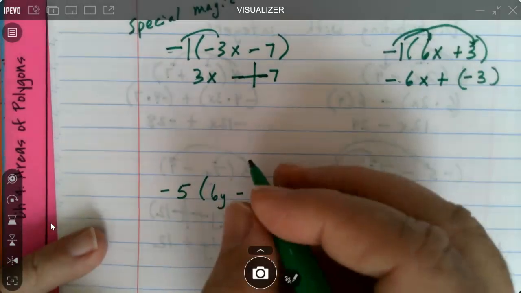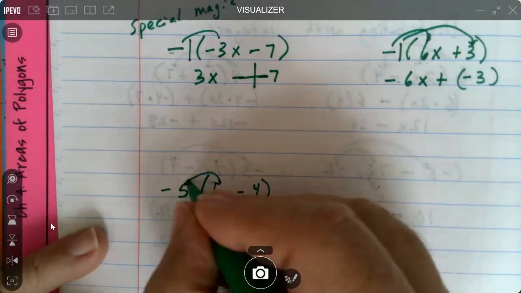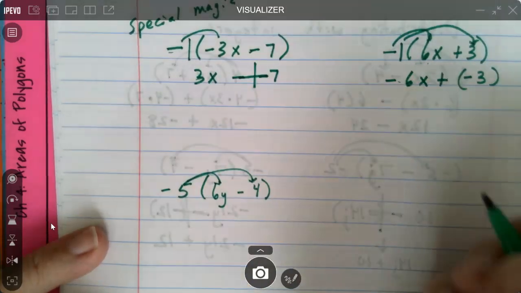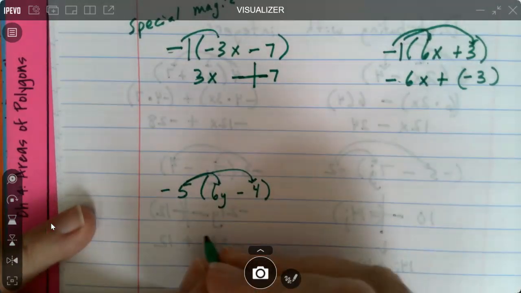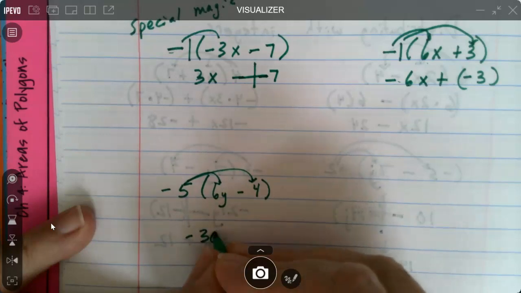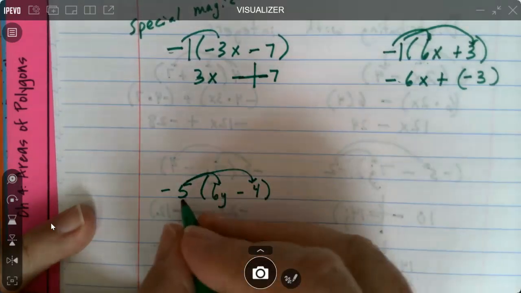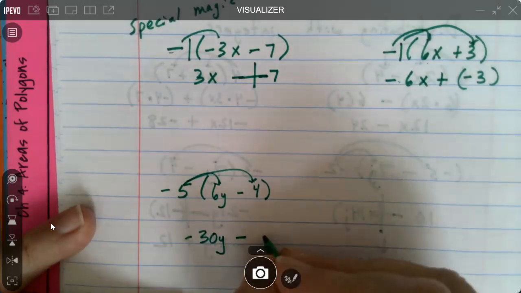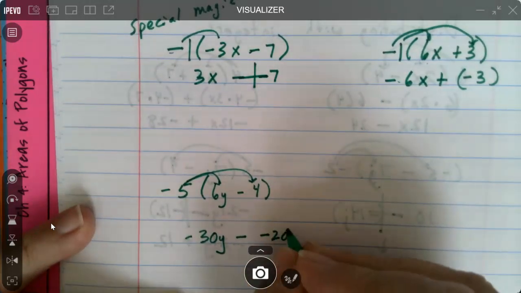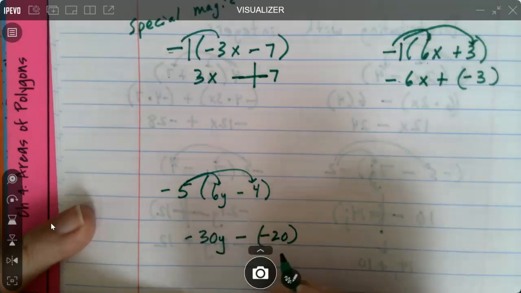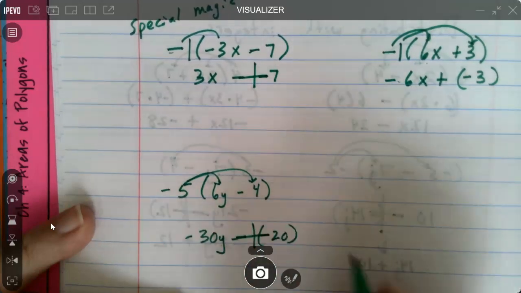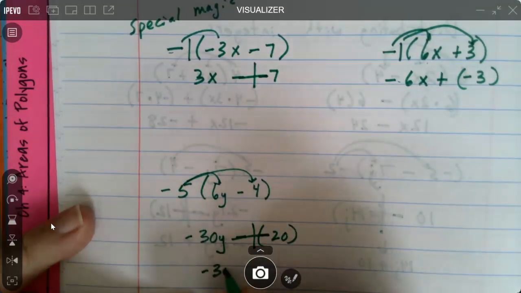Okay, so we've got arrow, arrow, negative 5 times 6y, negative 30y, drop the minus, negative 5 times 4, negative 20. So from here, big plus, negative 30y plus 20.